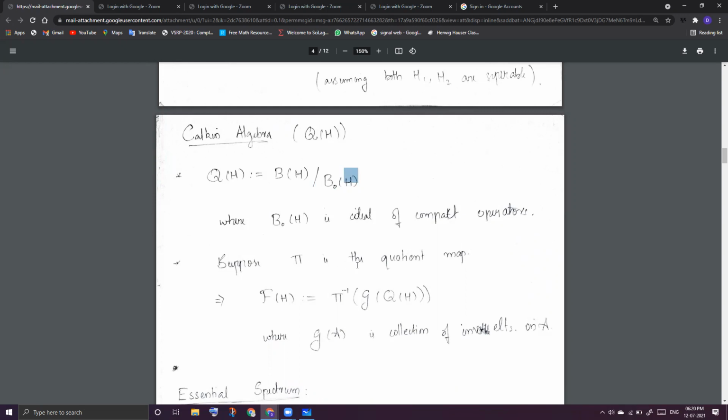If pi is the quotient map, then the collection of Fredholm operators is the inverse image under the quotient map of the collection of invertible elements of the Calkin algebra.